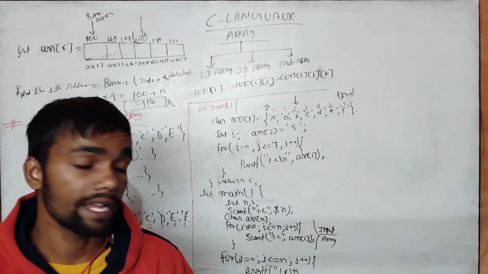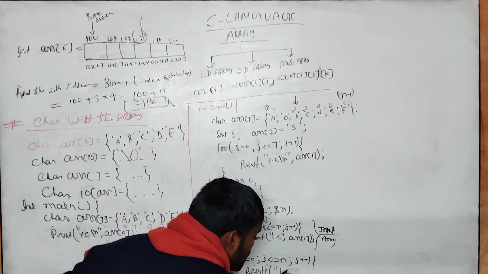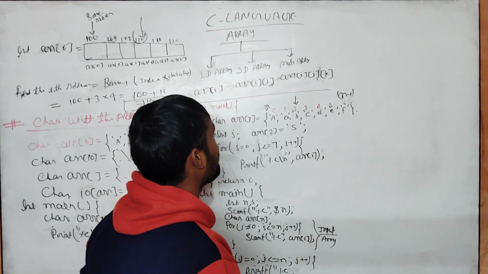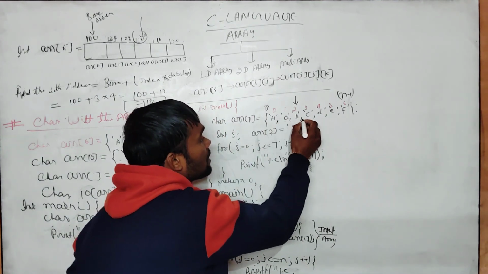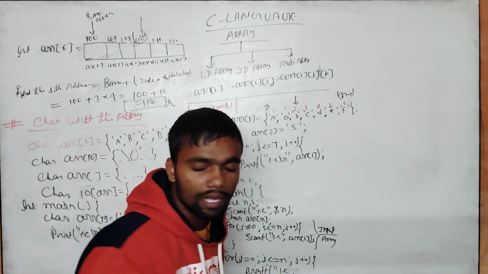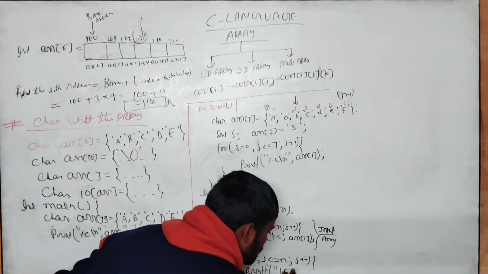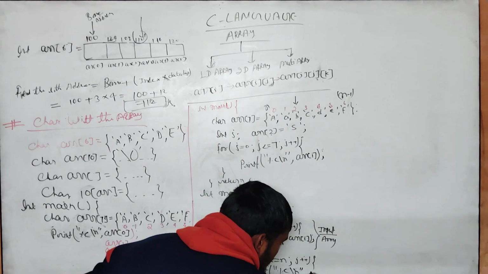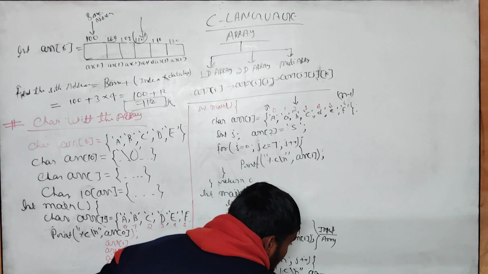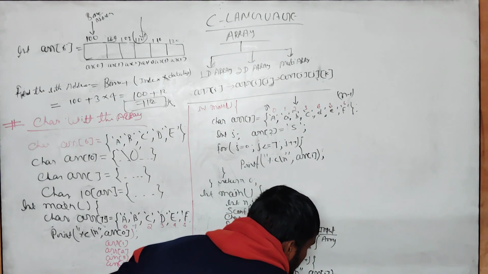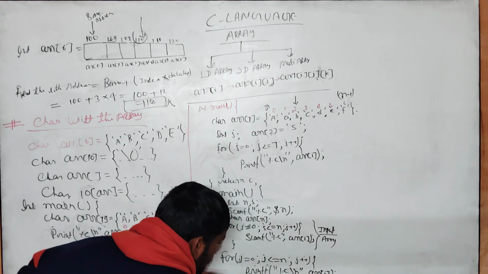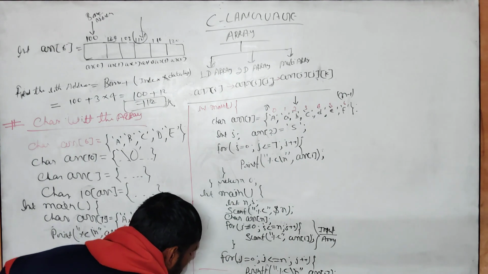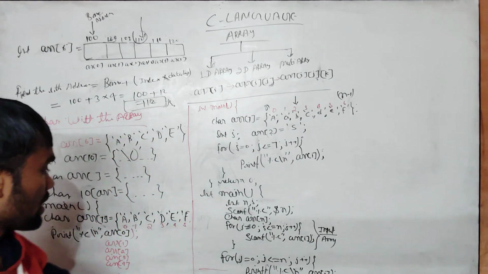If you do not take slash n, you need to use %c. After that, use a comma, because when we want to print the array, the comma will be needed. Similar thing, no need to worry. I am using %c slash n, comma, arr of i, and close this.